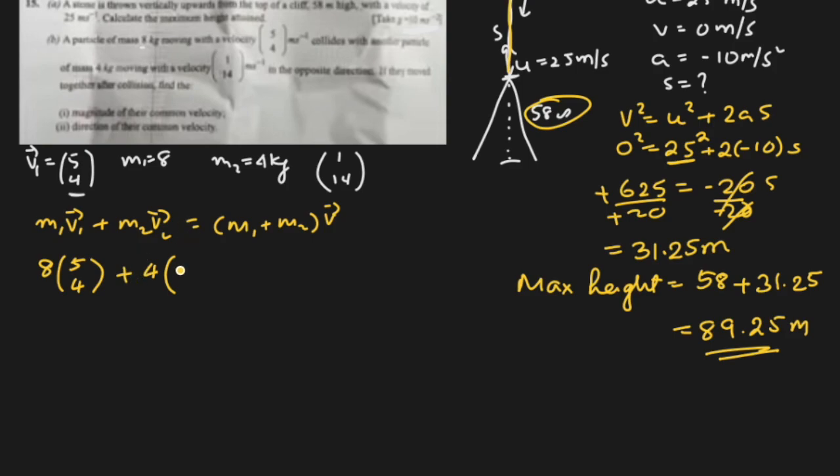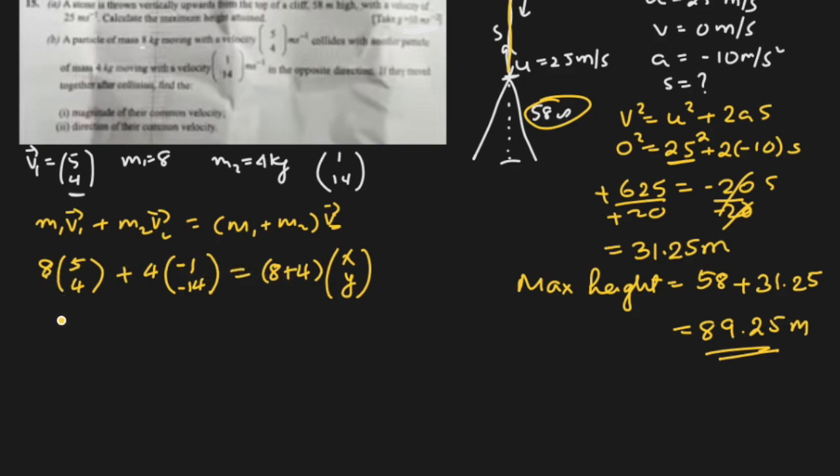So 8(5i + 4j) + 4(-i - 14j) equals m1 plus m2, 8 plus 4, times the final velocity. Let's say x and y are the components of the final velocity. Let's compare the x components only.